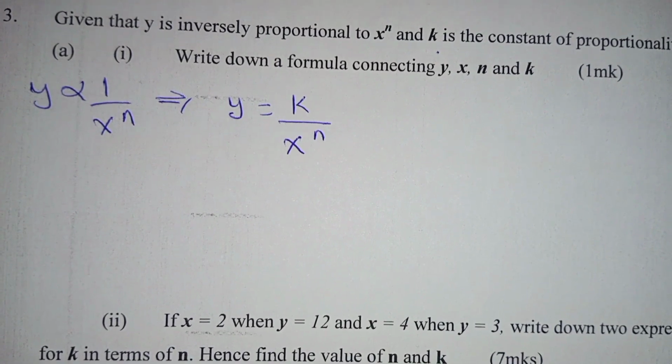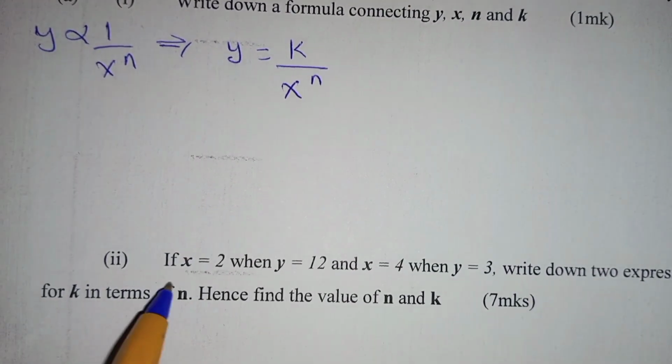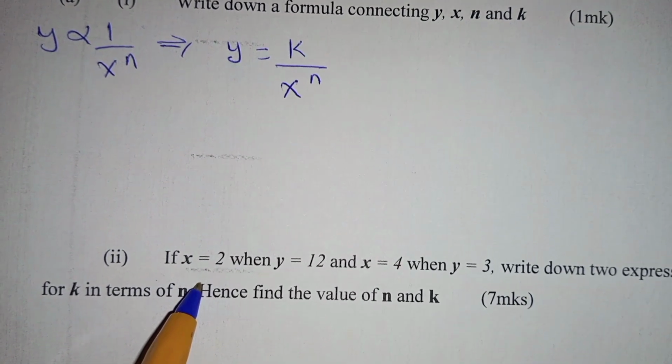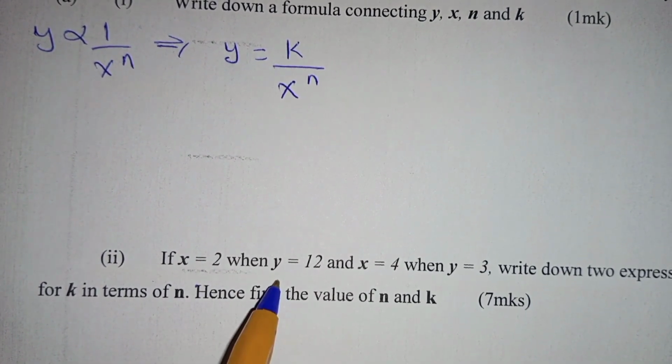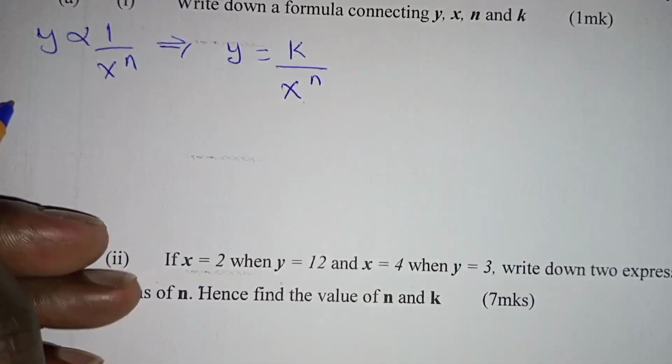Part B of this question, you are given that if x is equal to 2 and y is equal to 12, so first of all, we substitute in this equation.